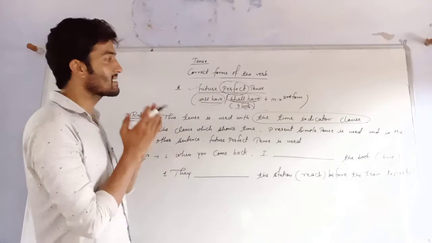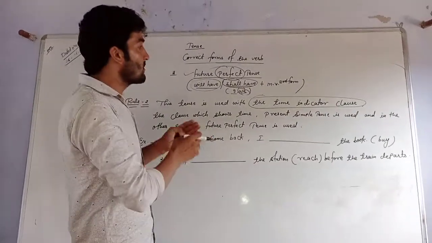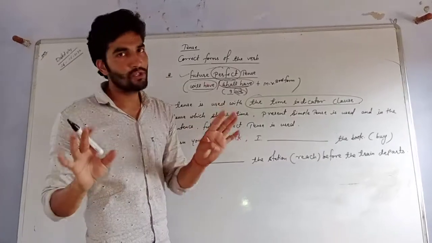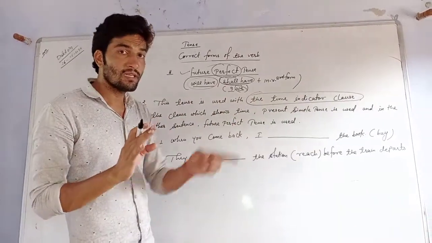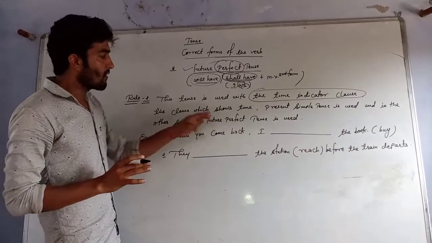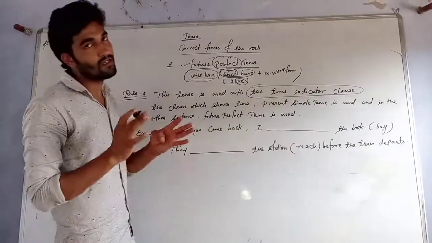If a sentence is given which shows time, present simple tense will be used. And in the other sentence, future perfect tense is used.